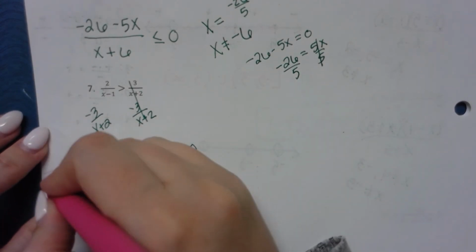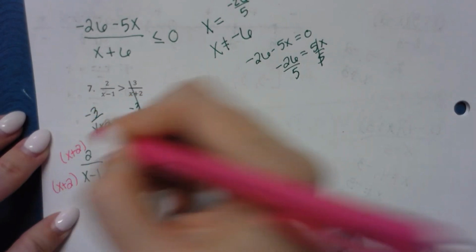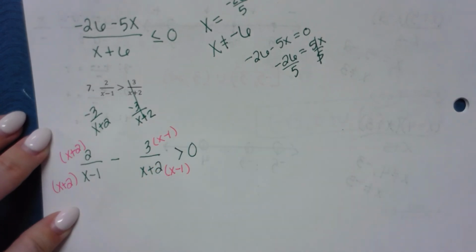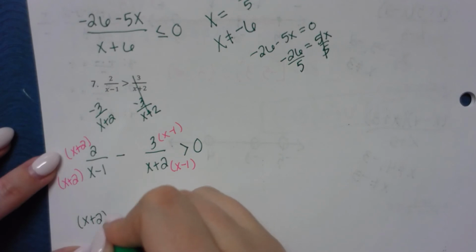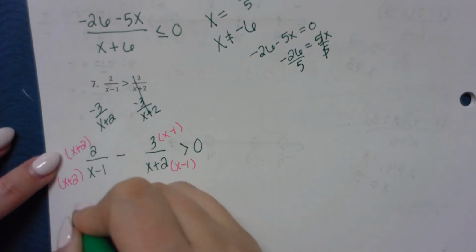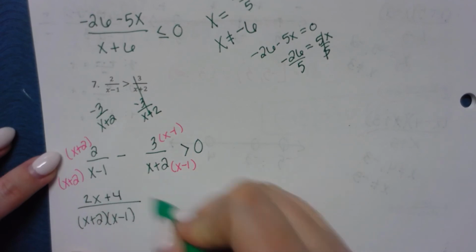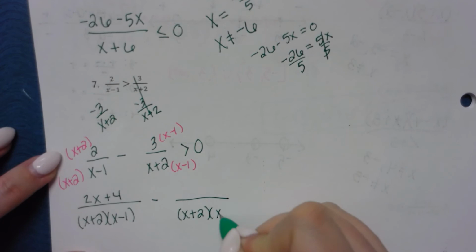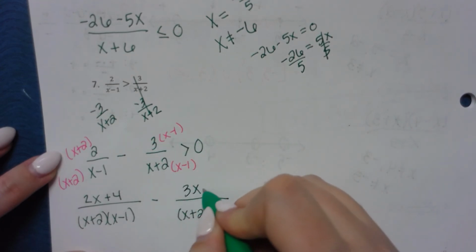So we need to multiply this one by x plus 2 on top and bottom. And then we need to multiply this one by x minus 1 top and bottom. So then this would be x plus 2, x minus 1. Distribute 2x plus 4 minus, same thing, x plus 2, x minus 1. And on the top we've got 3x minus 3.